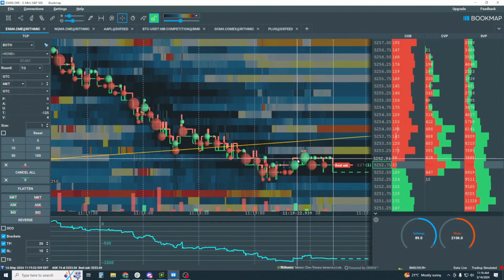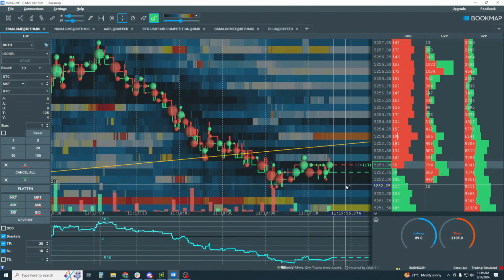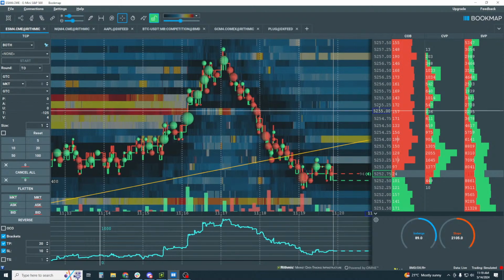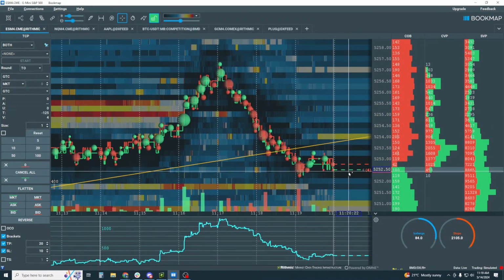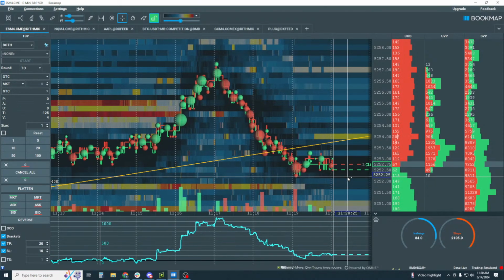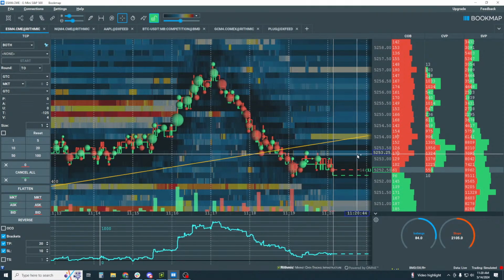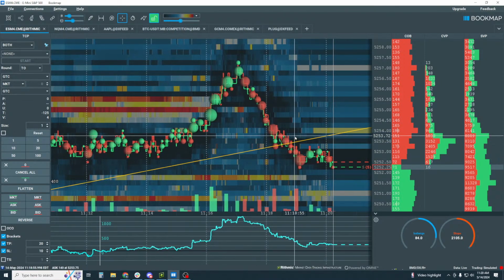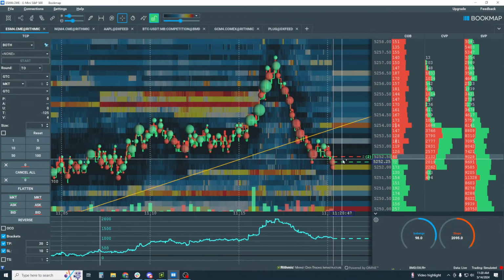Here's a little pocket of buying. I just see more sellers still.